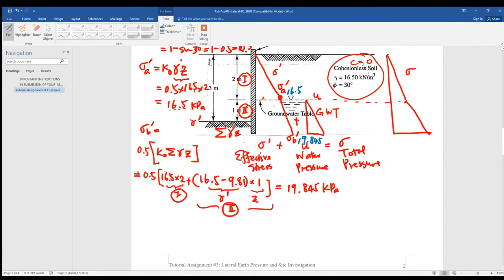And what about the U here, the water pressure? What's the U there?